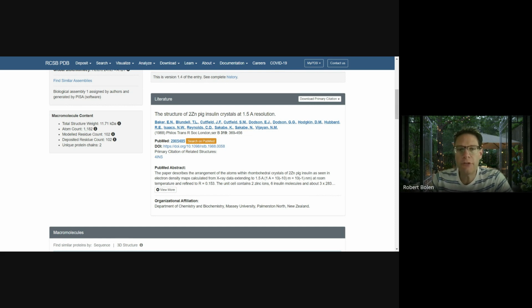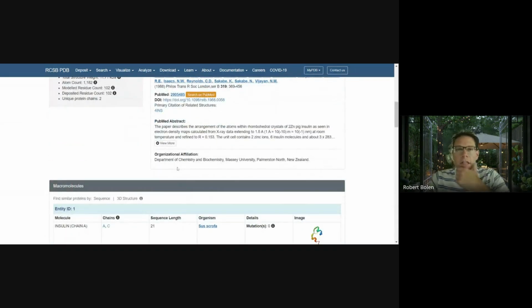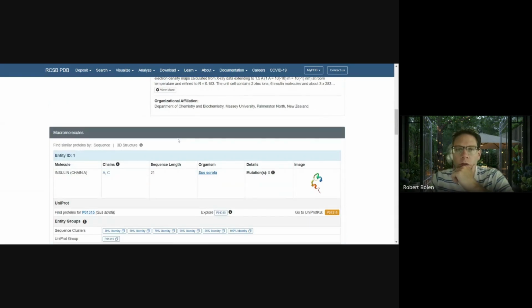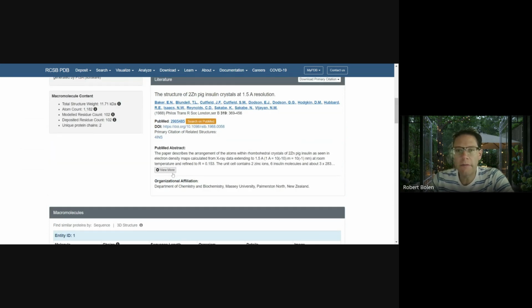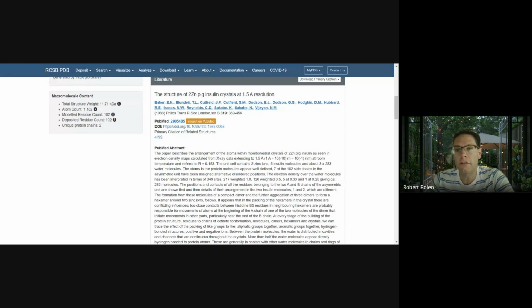There's also an abstract that talks about it, and I was trying to read the abstract a bit to see what was going on with it, and it has chains A and C. So I think that's why you've got the sequence length there. But then I was also reading the paper, and it was talking about there were 6 insulin molecules in this particular structure they did in the unit cell. Oh, here it is right here.